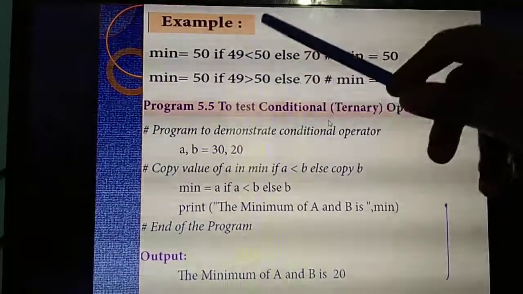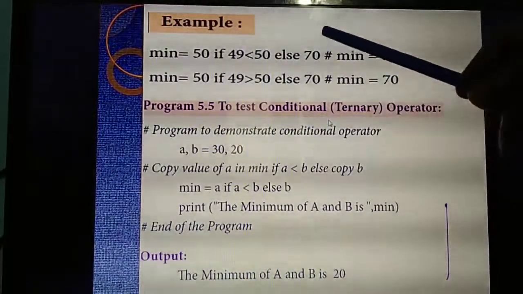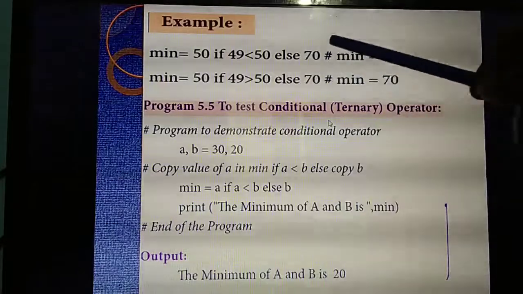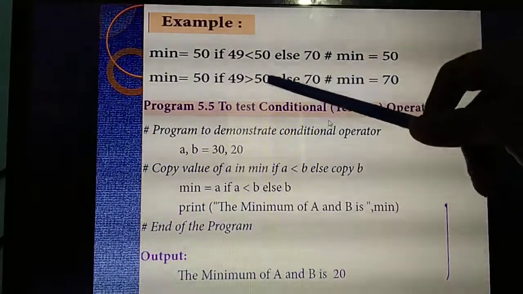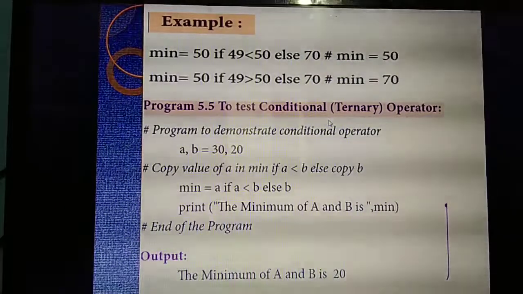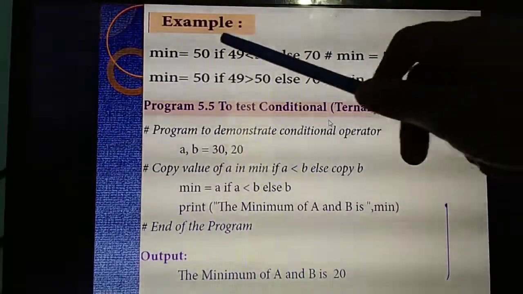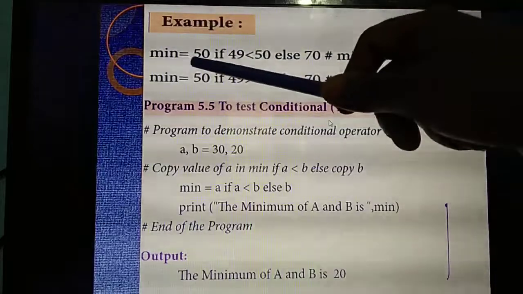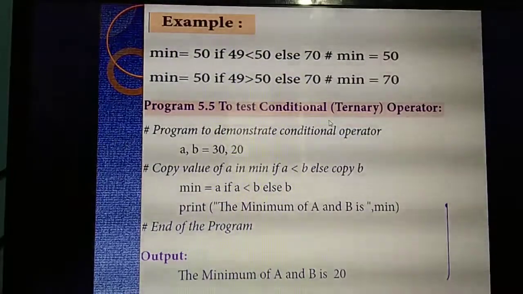Yes, this condition is true. So will the else block with 70 execute? No, only the true block will execute. If the condition is true, what answer will you get? Min equal to 50. Understand?